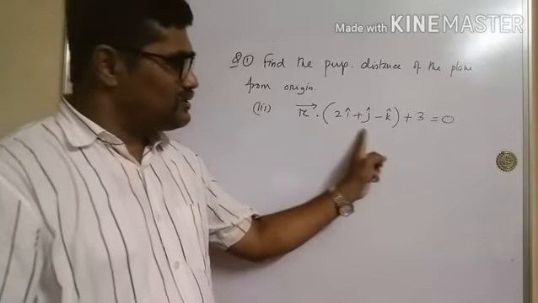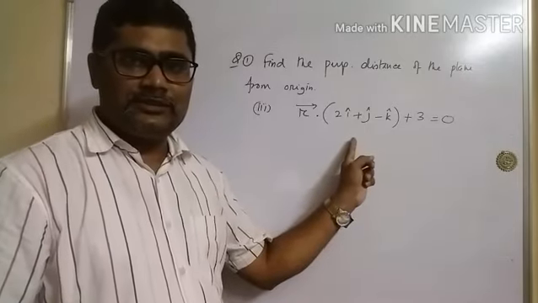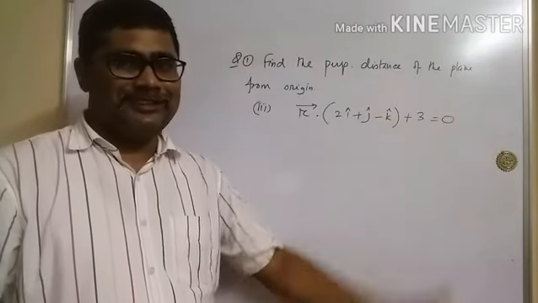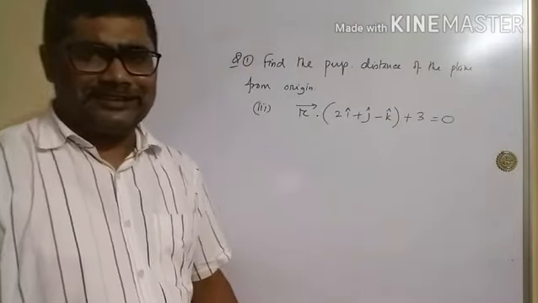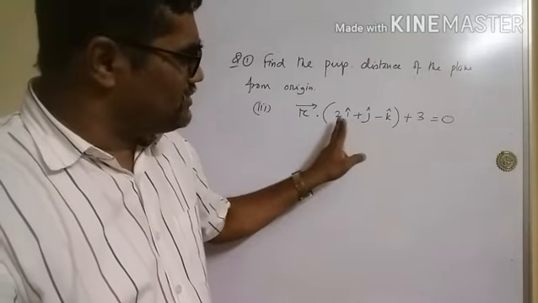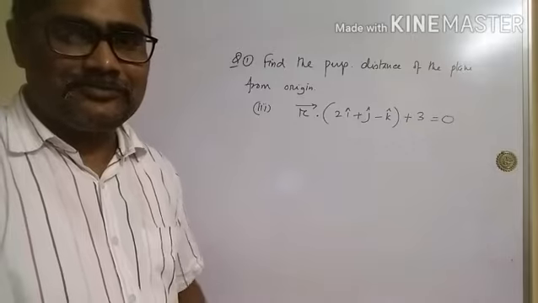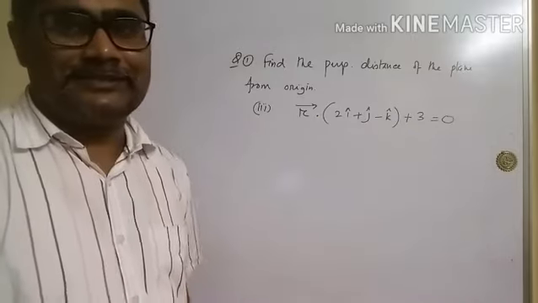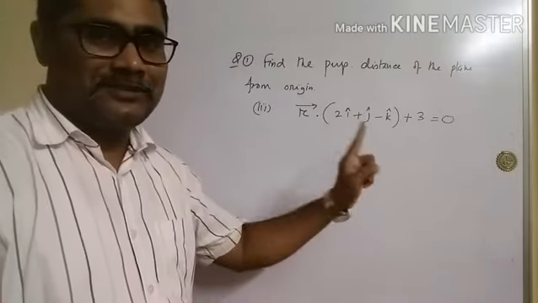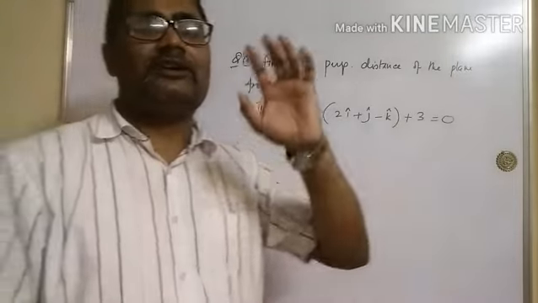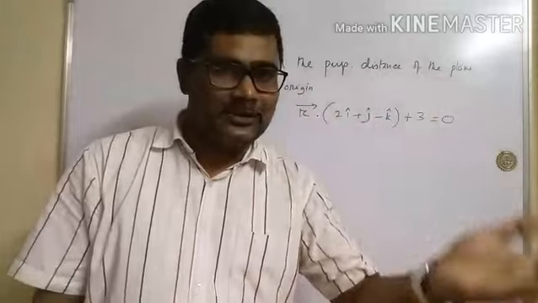Now tell me whether this is a unit vector or a general vector having some other magnitude. How do you do it? Find the magnitude, no? So if you find the magnitude, 4 plus 1 plus 1, root over 6 will come. That means this is not a unit vector. So your first task is to convert this into a unit vector. How do you get the unit vector along a vector?